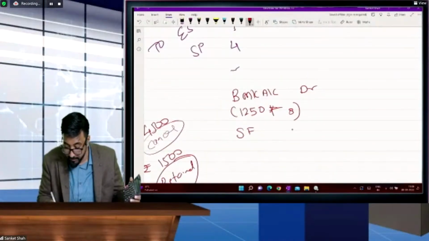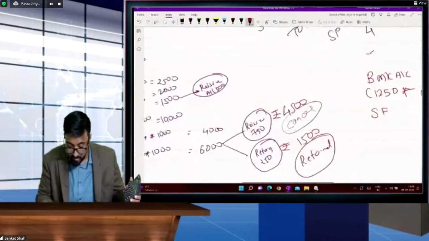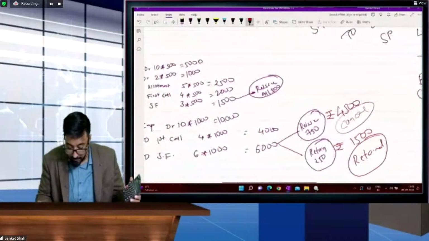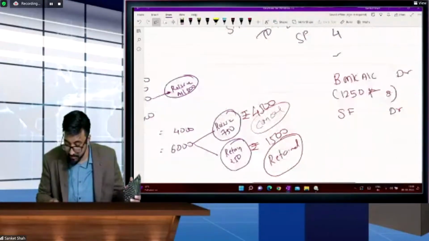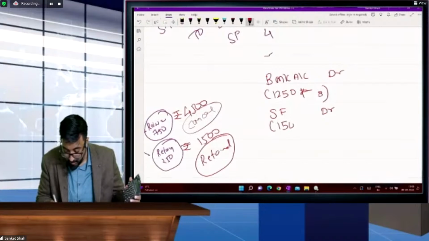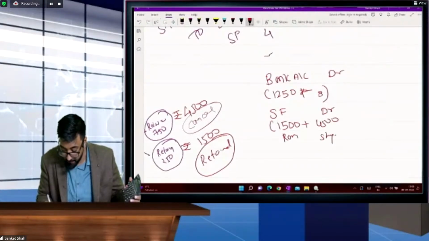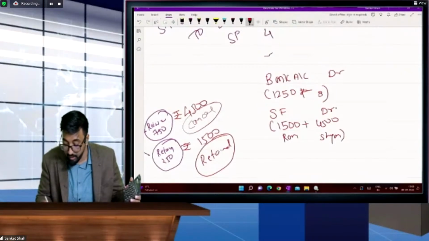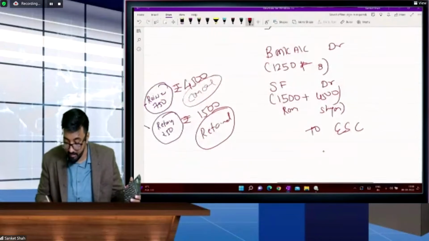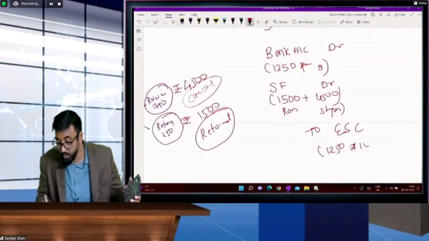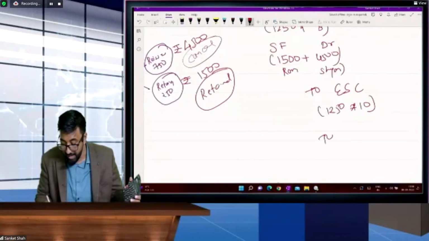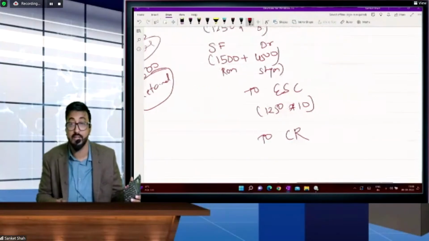Shares forfeited account debit 1,500 plus 4,500: 1,500 of Ram and 4,500 of Sham. To equity share capital 1,250 into face value, and the balancing figure is capital reserve.